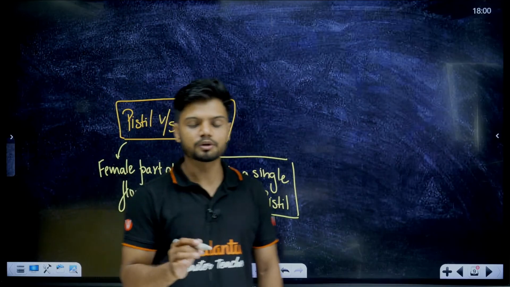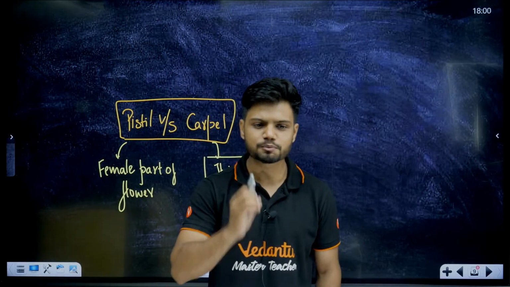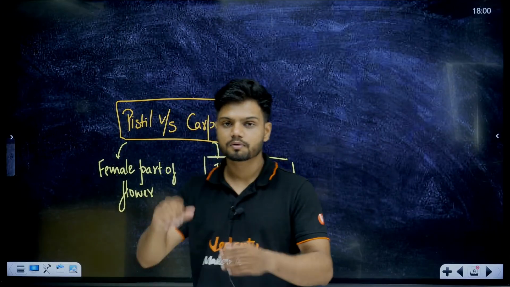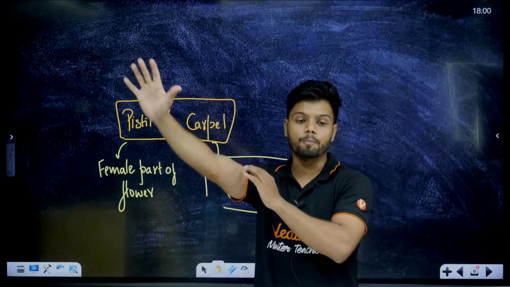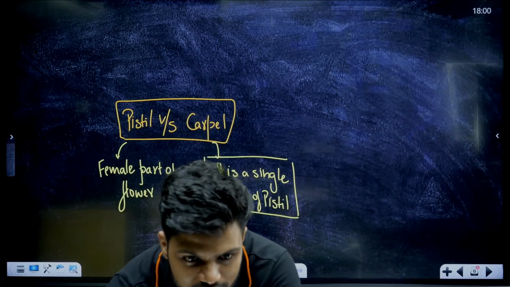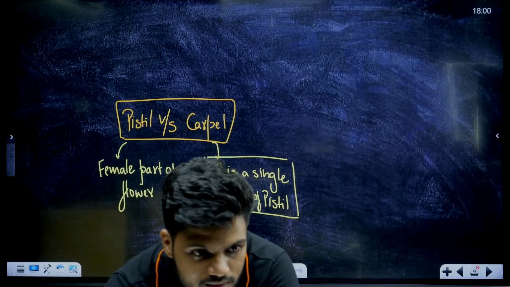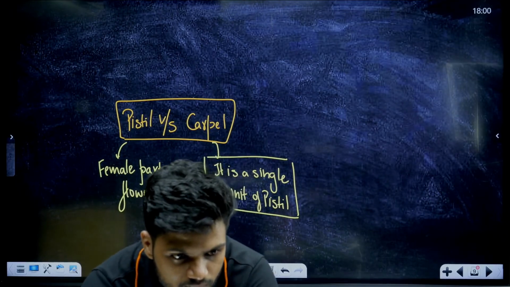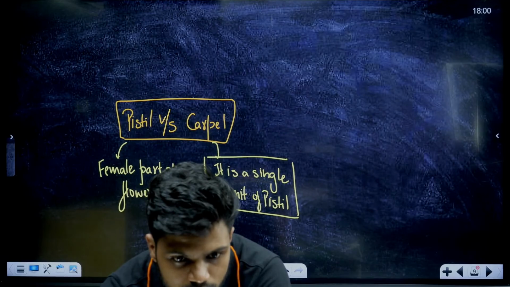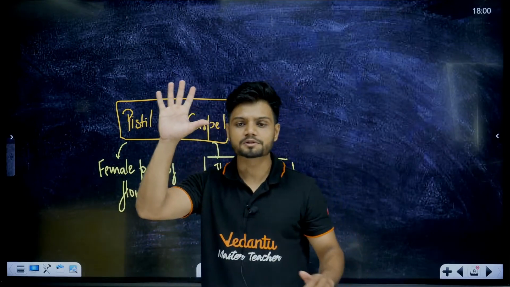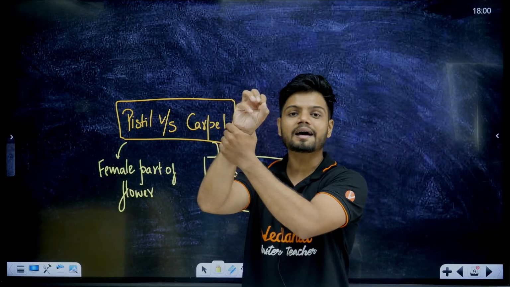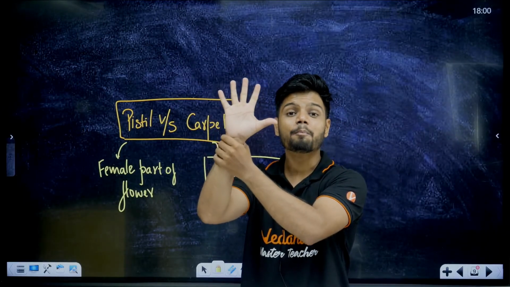Now let me explain it in a much easier fashion. See, this is your hand. All of you keep your hands in front. Imagine this entire hand is the pistil.